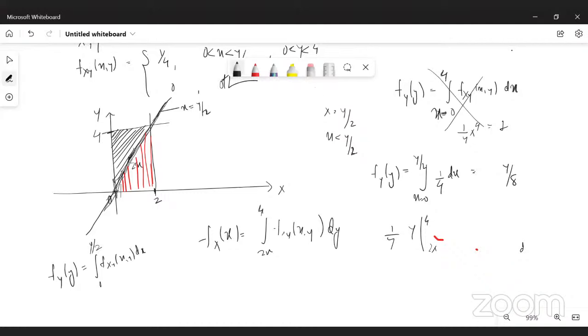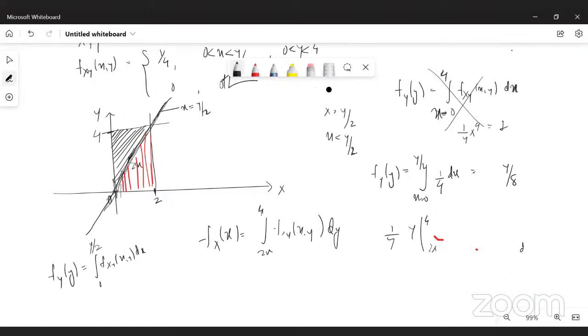Y by 2, upper limit. Yes, I'm just asking. Okay, so you are saying this is for the red shaded region: the lower limit should be 0, and the upper limit should be y by 2. So why did you answer this? Why the upper limit?